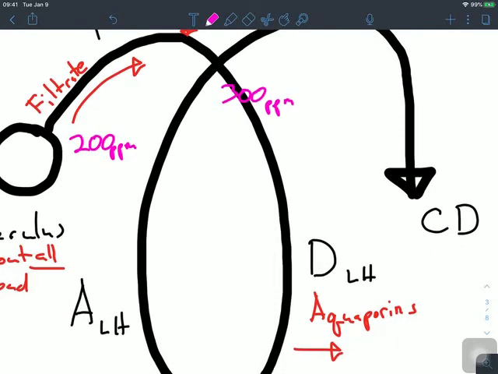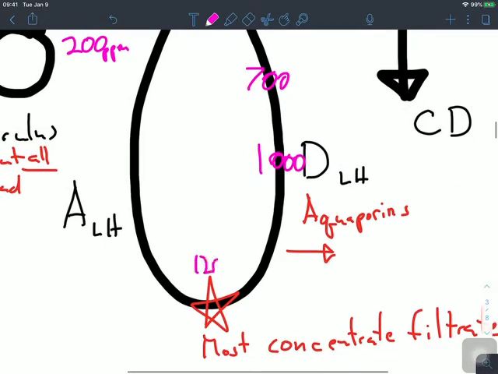As it's traveling down the descending loop of Henle, you are pulling out water. So you're going from 300 to 700 to 1,000 parts per million at the very base. It is extremely concentrated. All the water that's extra is now gone.